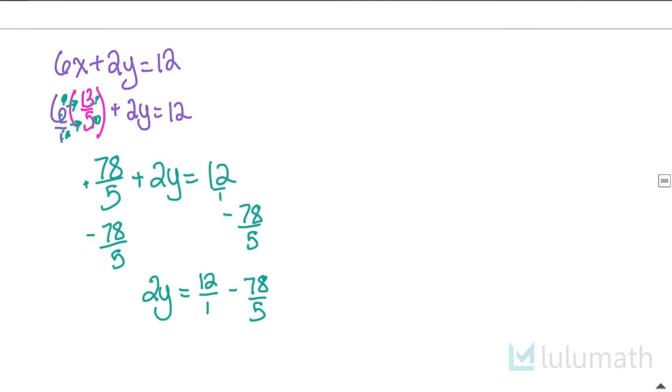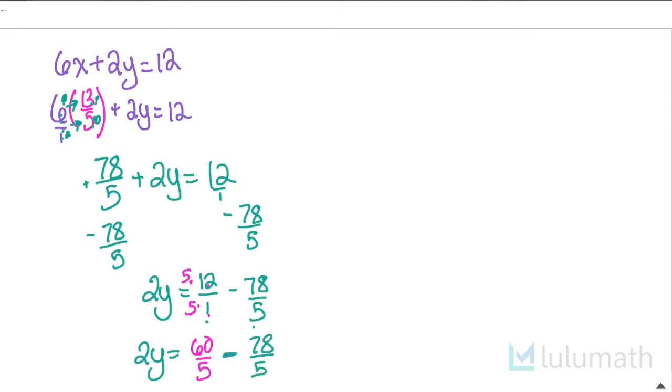I'm going to get a common denominator so I can collect these like terms together. My common denominator would be 5. So I multiply numerator and denominator by 5. I get 2y equals 5 times 12, which is 60, 5 times 1 is 5, so 60 over 5 minus 78 over 5.